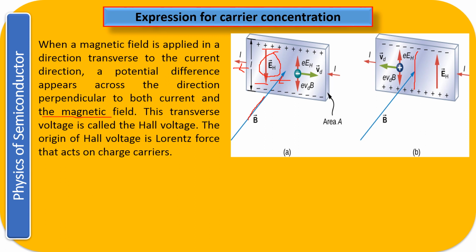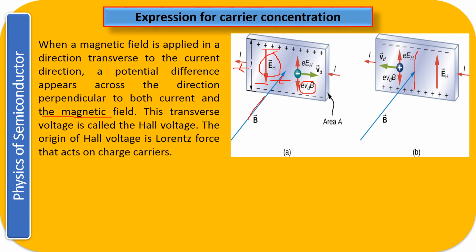Here two types of force are acting. One force is acting because of the magnetic field. What is that force? This force is e v_d into B, where v_d is the drift velocity with which it was moving, and B is the magnetic field that we have applied.